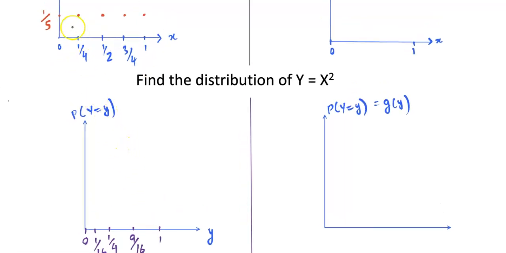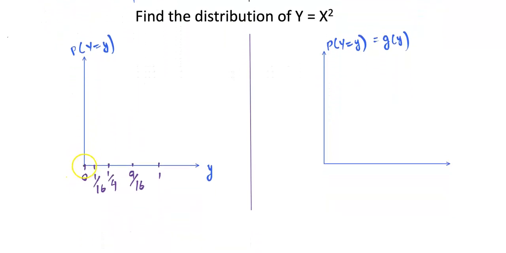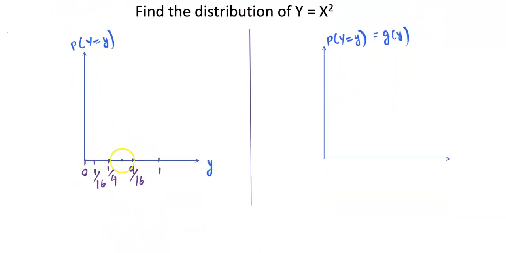And given that every value of x had equal probability, we also know that every value of y will also have equal probability. So y can take 5 possible values, all with equal probability, and so the probability will still be 1/5 for all. So the probability of y taking different values is still going to be the same.